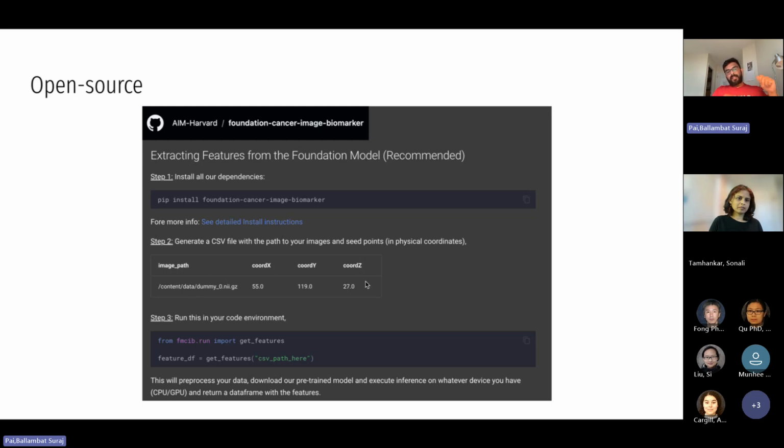Instead of what I showed you earlier for the ROI, where you needed a full 3D mask, here all you need is a seed point, because we're going to extract a cube from this seed point. And then you get your features extracted, and from these features, you can build your own set of models and tie it to different outcomes.